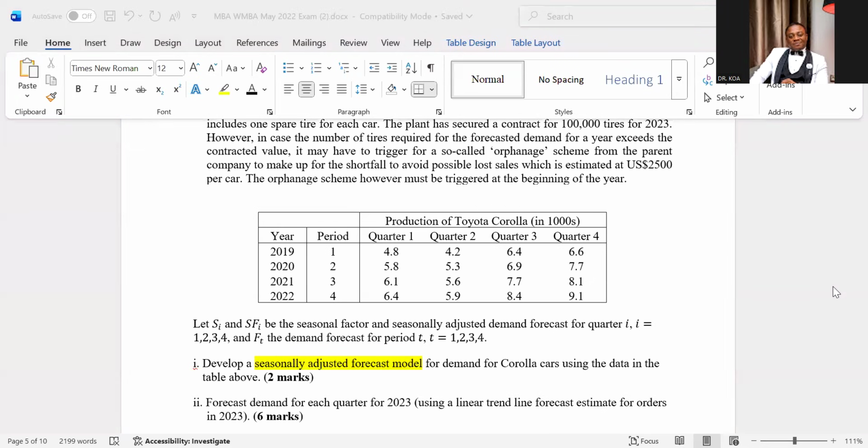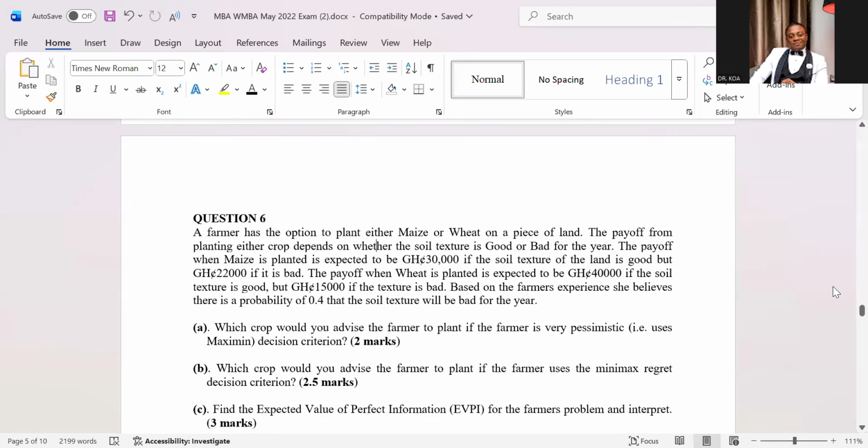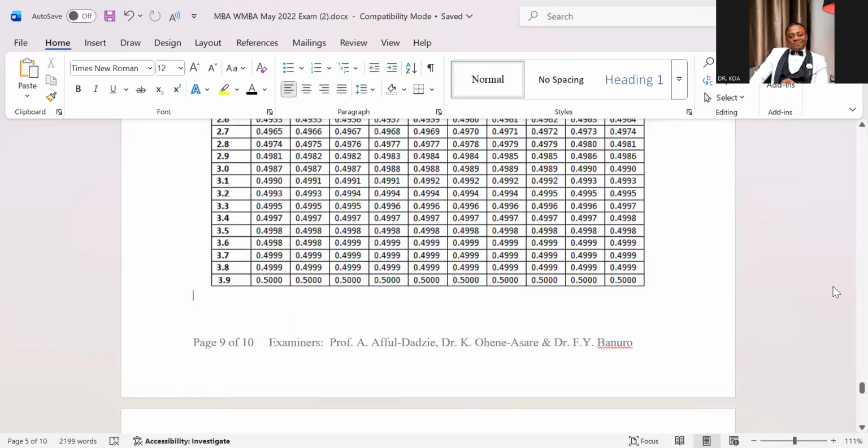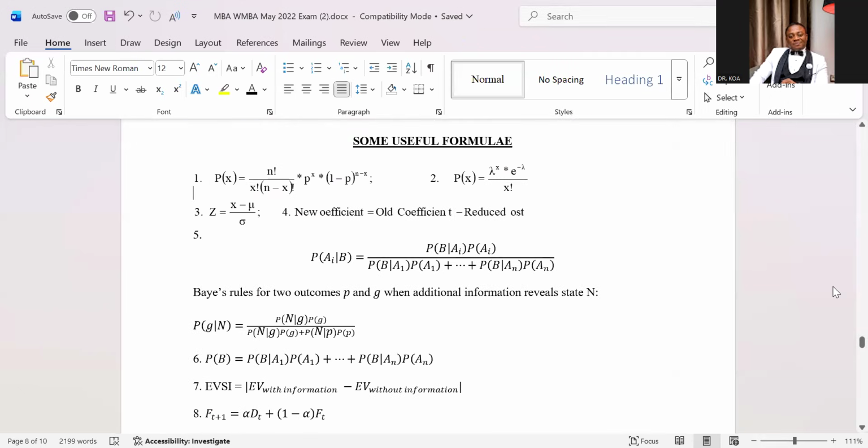Now, unfortunately, you will not be given the seasonal factor formula. The other formula will be given to you, even here, but you will not be given the seasonal factor formula. So you got to know the formula for the seasonal factor. Now, the formulas are down there, but the seasonal factor ain't part of it. Okay.